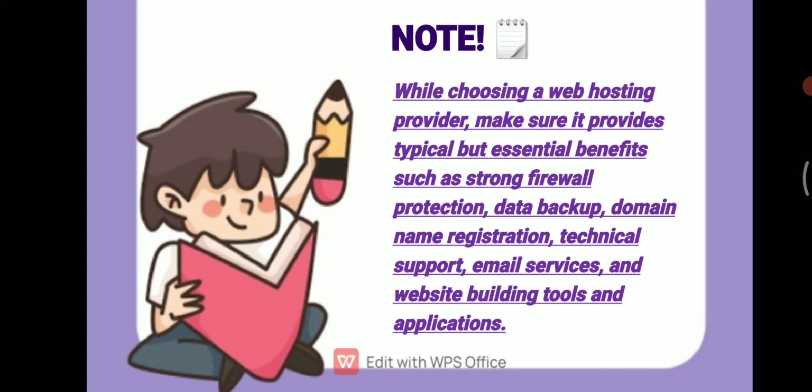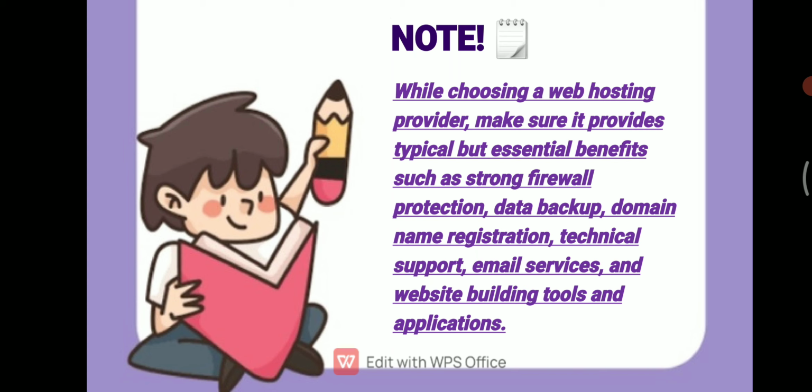Now note, this is a very important note. As you can see, while choosing a web hosting provider, make sure that it provides typical but essential benefits such as strong firewall protection, data backup, domain name registration, technical support, email services, website building tools and applications.